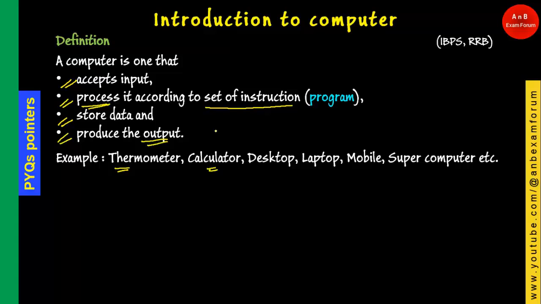Like if you press 10 it acts as input, and you are doing some operation, say 10 plus 20, so that acts as the input, and inside it is going to produce the output after adding these two numbers, 30, and it is going to store the data in the calculator, more specifically, and it is going to produce the output on the screen as 30.